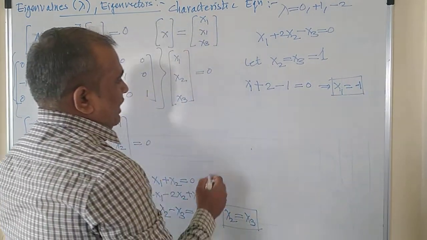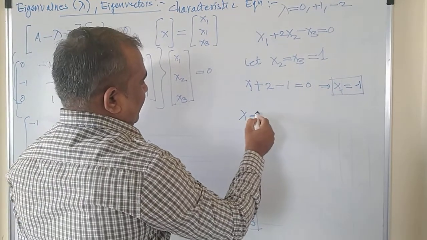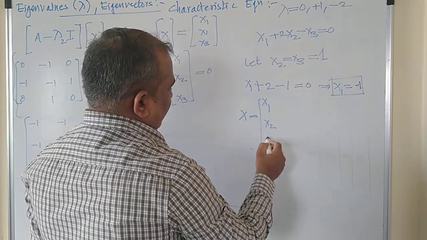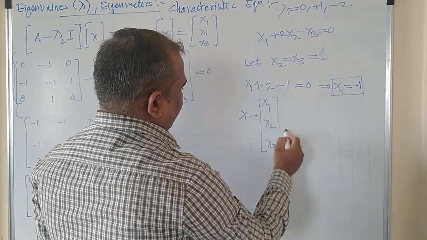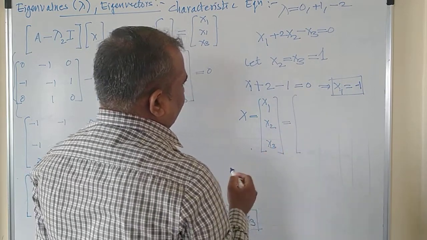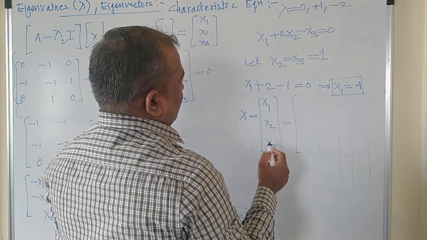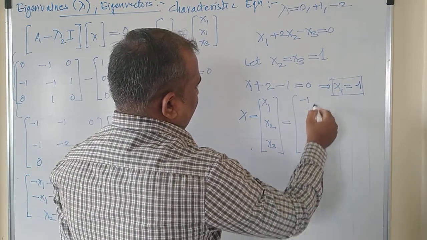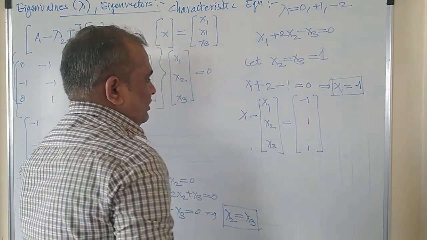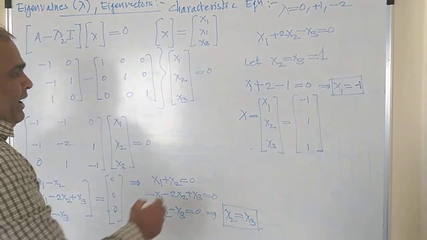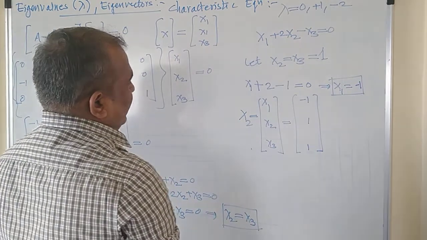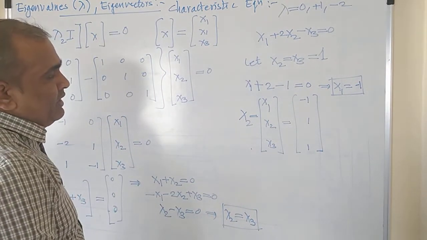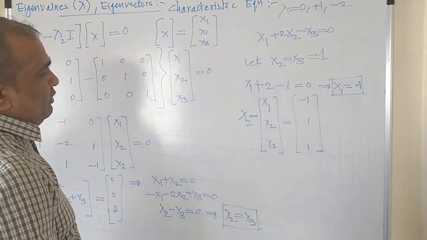And therefore, the vector x is x1, x2, x3, you are given eigenvector is equal to, how much? x1 is minus 1, x2 is 1, x3 is 1. So this is your eigenvector x2 corresponding to lambda 2. x1 is the first eigenvector for the first eigenvalue, right?